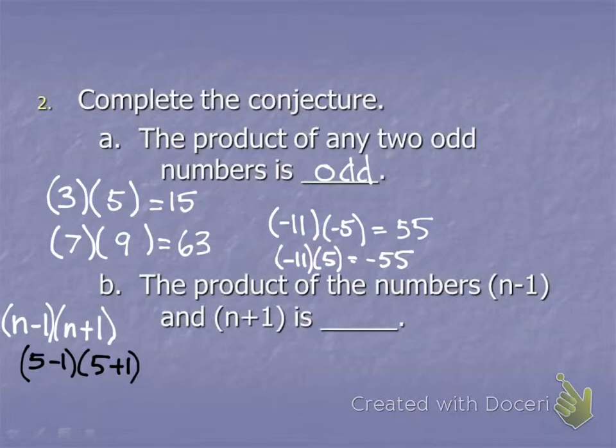5 minus 1 is 4. 5 plus 1 is 6. 4 times 6, 24. So when n equals 5, my answer is 24. All right? Anyone have another one?